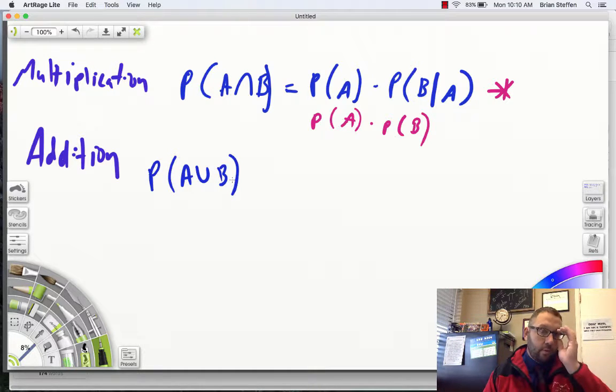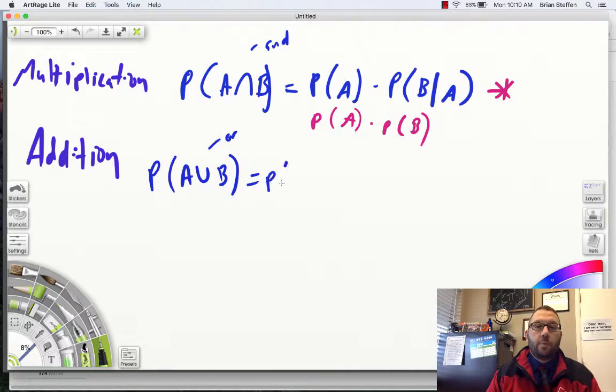The addition rule is the probability of A or B. And you're going to hear me say the word "and" when we're talking about the intersection, and "or" when we're talking about the union. The probability of A or B is equal to the probability of A plus the probability of B. Now, when we've done these using a table, you remember that we've counted something that happens in some cases twice.